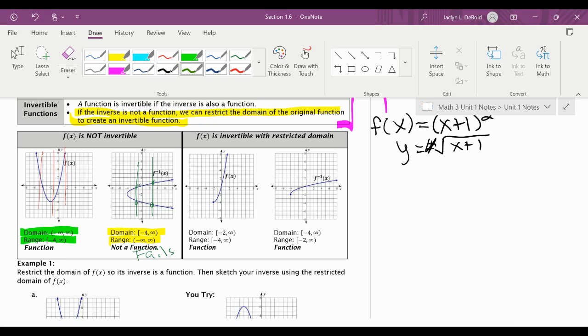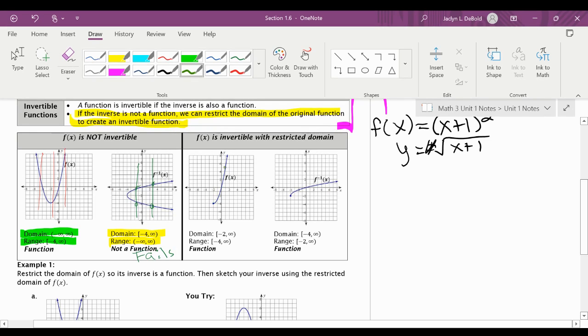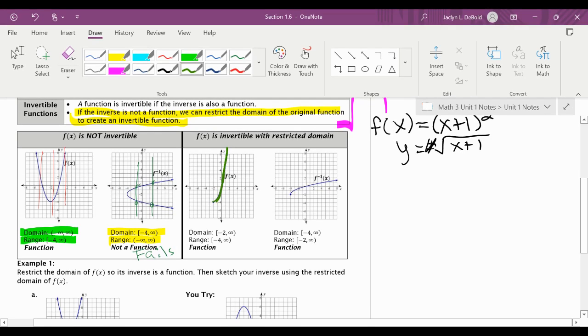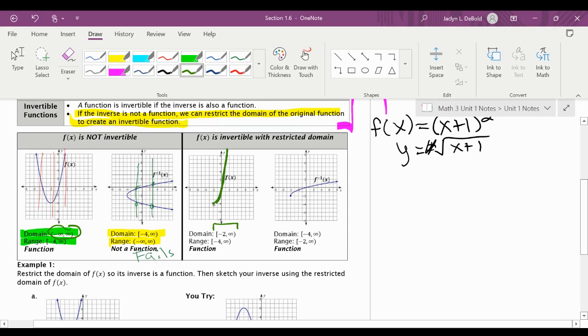If we do want our inverse to be a function, we have to restrict the domain. So if I'm looking at the function, instead of making the domain all real numbers, I'm going to restrict it from -2 to infinity. So I'm only going to take one part of that parabola, for example.